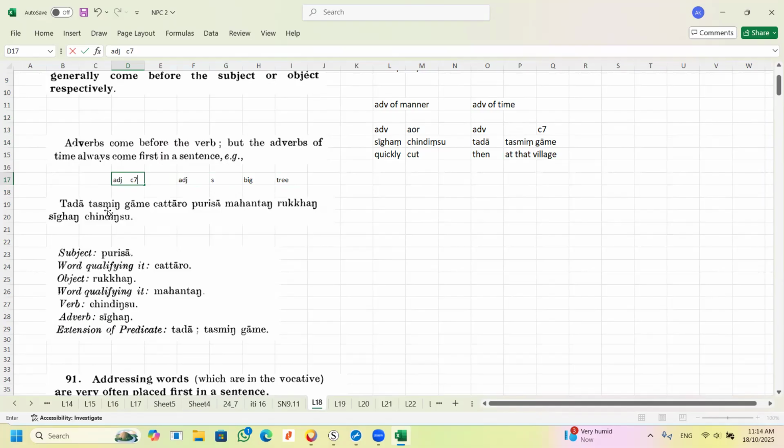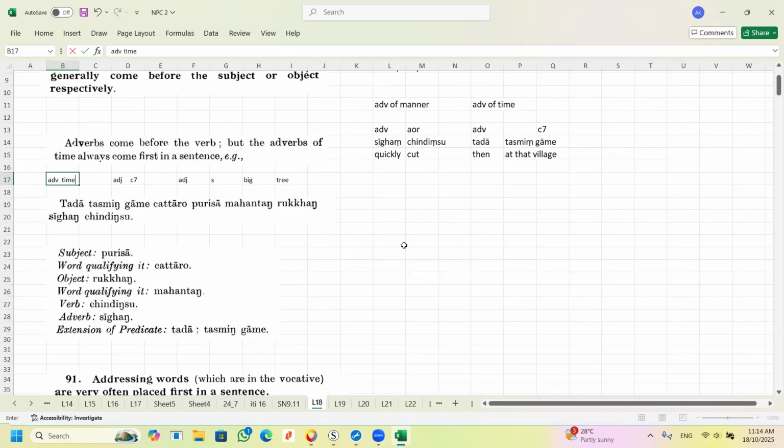That village means it is an adjective to village. But tada is either in or that, because we use at. So this is an adverb, tada, adverb of time. Then is an adverb of time, okay.